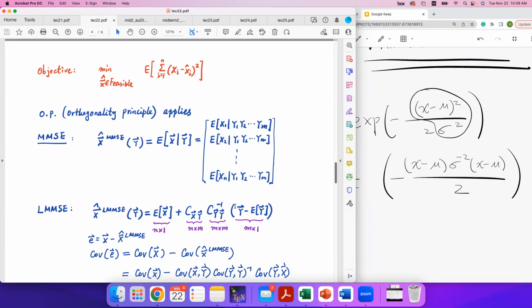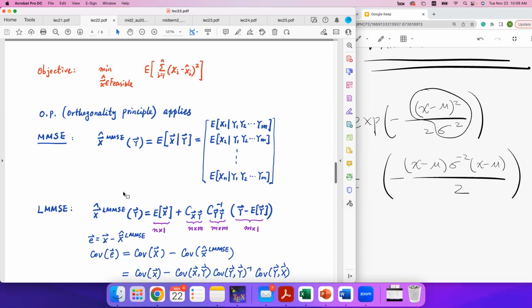And to construct this estimator, you need to calculate the mean of these random vectors, as well as their auto covariance matrix and the cross covariance matrix. So this generalizes the one-dimensional case.